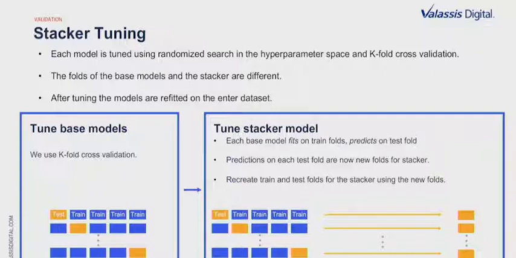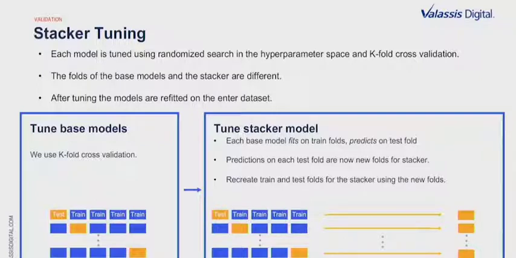One thing that's particular to a stacked model is that when we're using k-fold cross-validation, I suggest we make the folds of the base learners and the stacker different. For example, let's tune the base models first using some k-fold cross-validation. We divide data into train and test folds and select some hyperparameters.